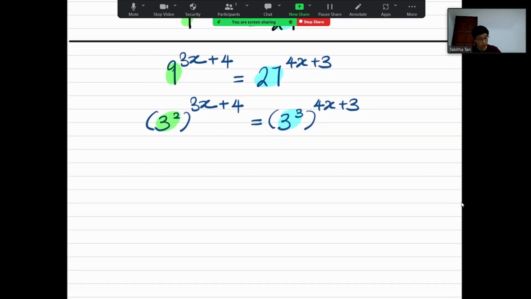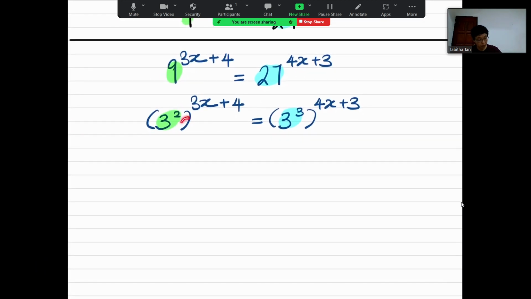Power upon power, so we're going to multiply them. That will give us 3 to the power of 2 multiplied by 3x plus 4. And on the right hand side, you got 3 to the power of 3 multiplied by 4x plus 3. Okay, so let's compare both of them.